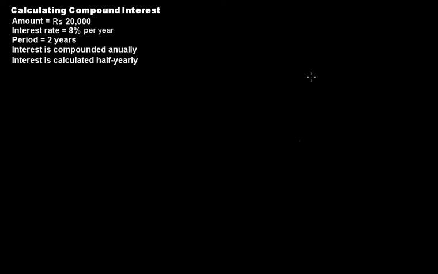Now, interest compounded annually means that suppose today you have taken this loan. After a period of 1 year, you'll calculate the interest. Let's say that this is interest 1, and after another period of 1 year, you'll again calculate another interest.